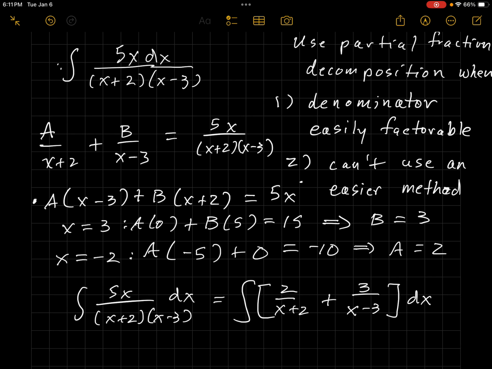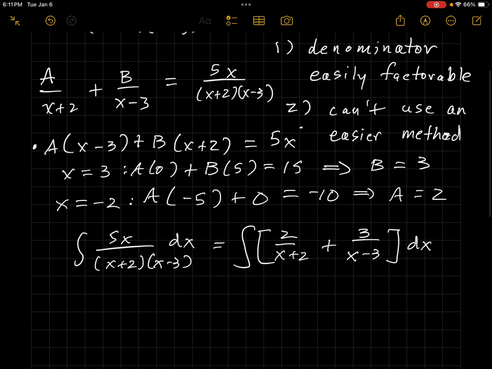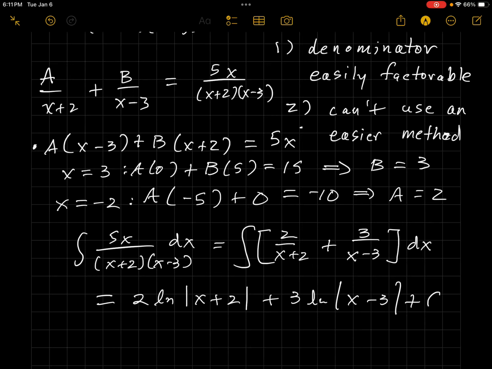And now we can easily integrate each of these pieces. So I get 2 times the natural log of x plus 2 plus 3 times the natural log of x minus 3 plus c, our constant of integration.